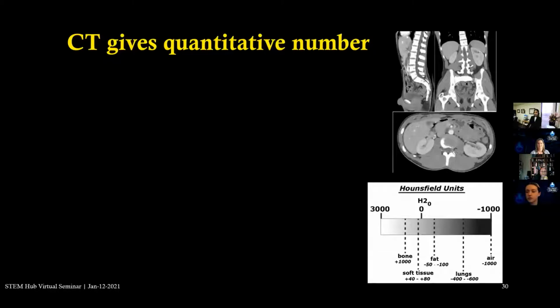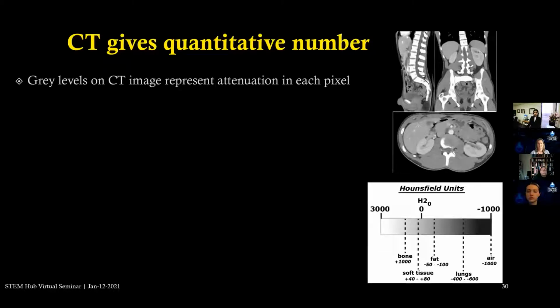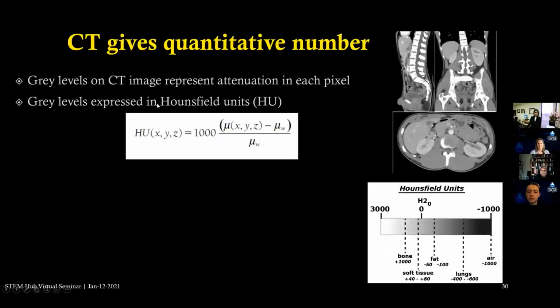And one more advantage of CT compared to X-ray is that these numbers are quantitative. The gray levels on these images represent the attenuation acquired in each pixel. And these gray levels are expressed in terms of Hounsfield units. And this is the formula that's used to calculate those Hounsfield units.